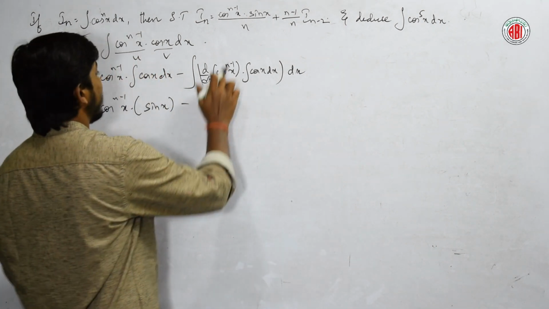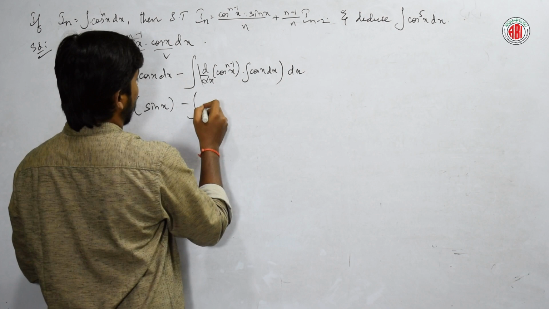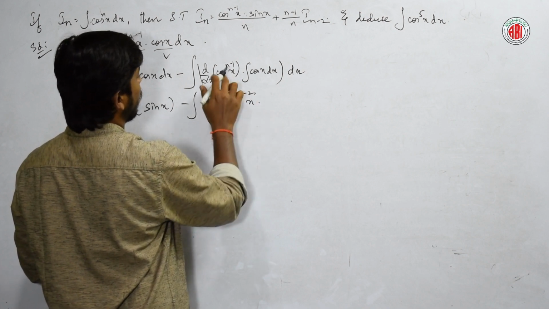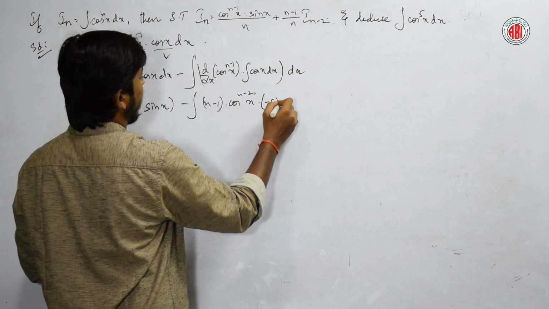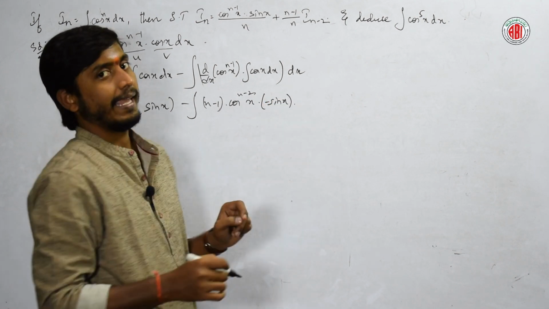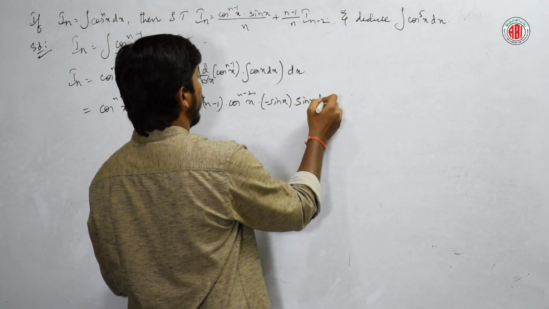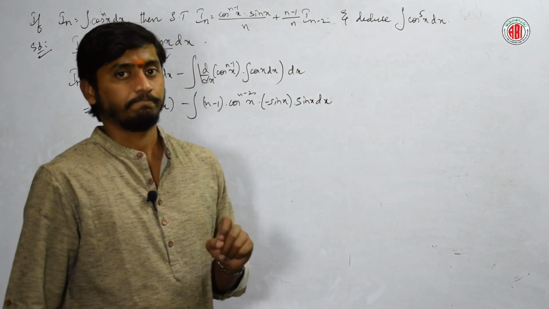Next, differentiation of cos power n minus 1, that is n minus 1 into cos power n minus 2 x into the differentiation of cos x, which is minus sin x. Yes. Now, integral cos x is also sin x whole dx, right.